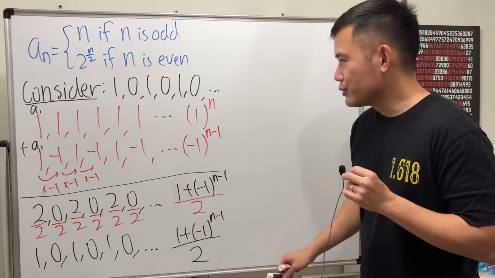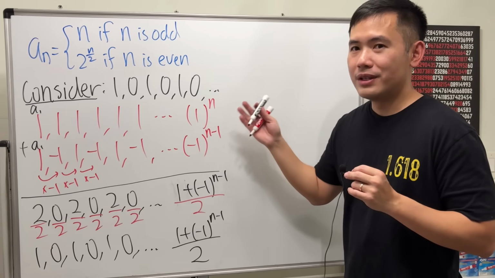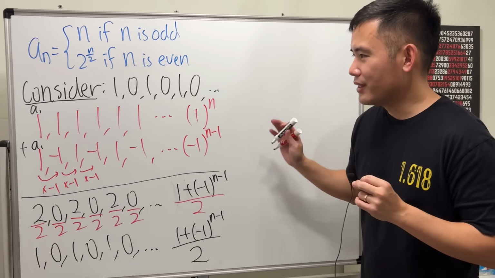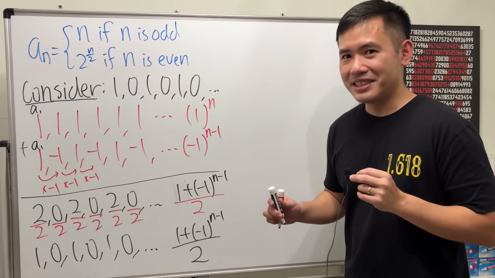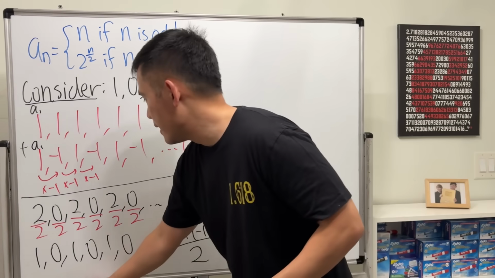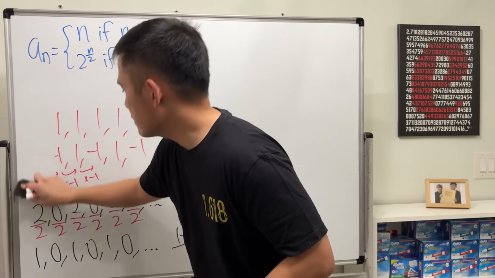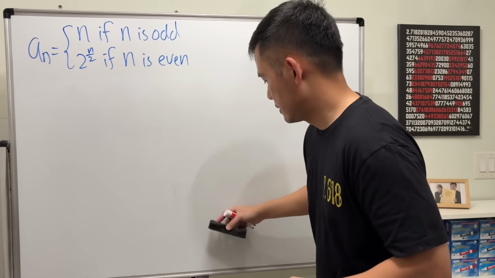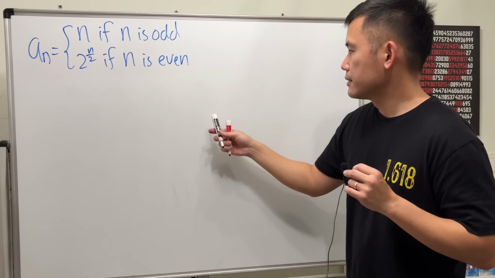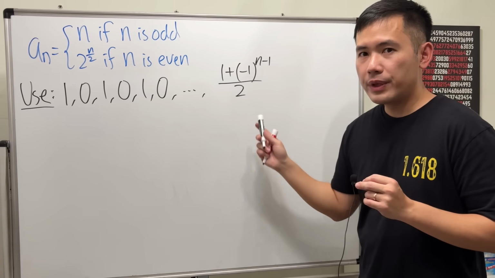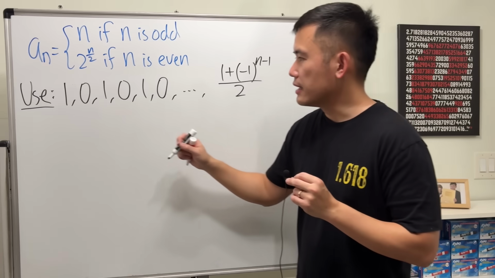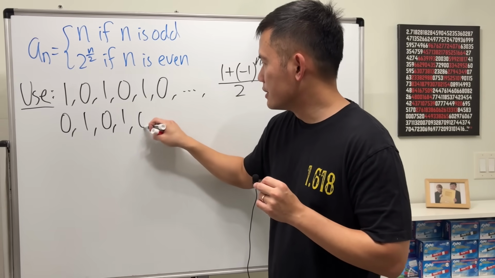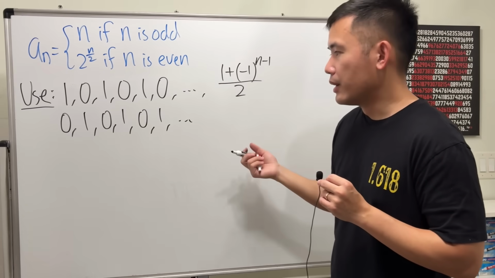Of course, we should also get the formula for 0, 1, 0, 1, but I'm going to leave that to you to think about. Now I'm going to put things together for you. So this is what we got earlier, and as I said, you should try to get 0, 1, 0, 1, 0, 1 on your own.